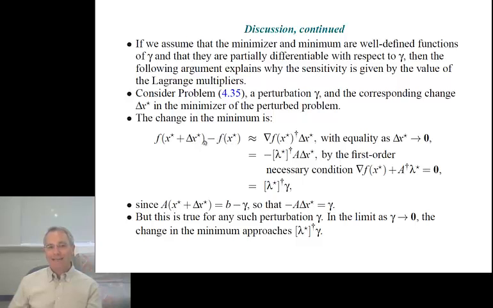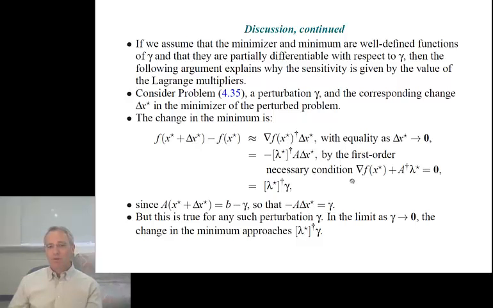The minimizer of the perturbed problem is x star plus delta x star for some unknown delta x star. We could estimate that difference in terms of the gradient of f transpose times delta x star. And as delta x star gets smaller and goes to 0, we'd expect the left and right hand sides of this expression to get closer and closer to being equal.